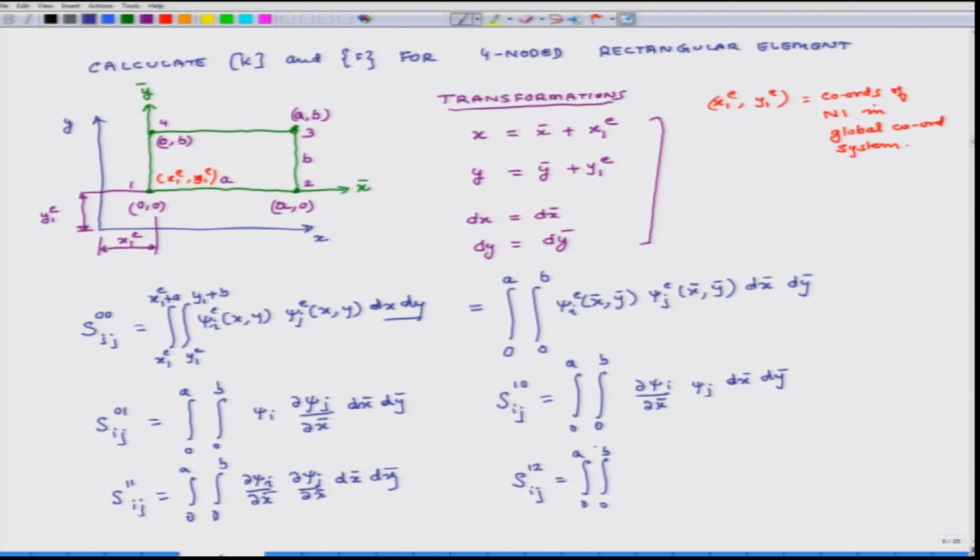So, what is S12? It is the integral of the first derivative of psi i with respect to x bar and the derivative of psi j with respect to y bar, dx dy.